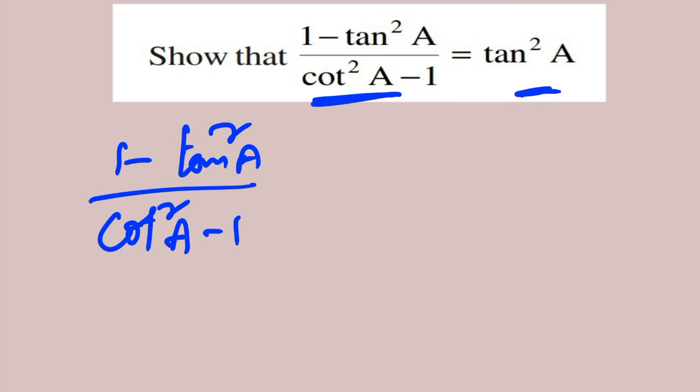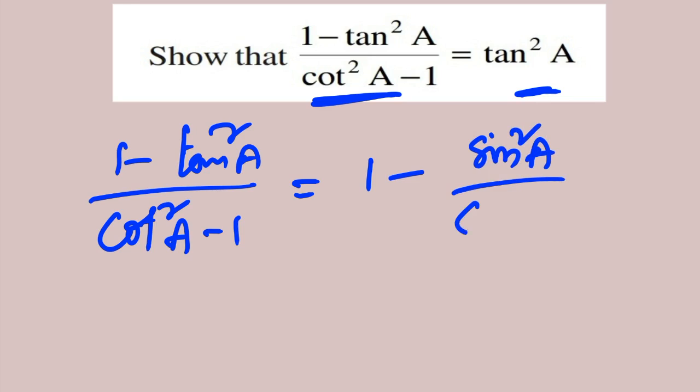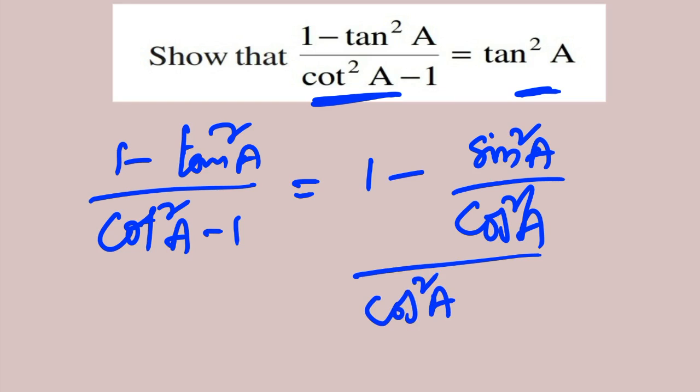After this I can write this in the form of 1 minus, as I told you, tan or cot ratios we can convert into sine or cos. So tan I can write as sine by cos, that means sine square a by cos square a, divided by, and here in the place of cot I can write cos square a by sine square a minus 1.